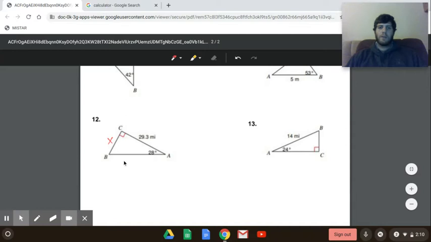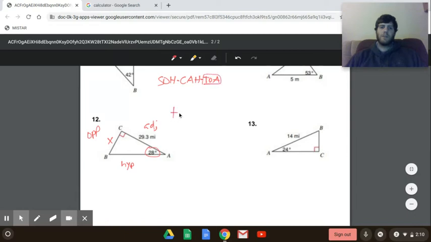To do that, we're going to label our sides. Right across is the hypotenuse. We circle our angle. Across is opposite. Next to is adjacent. So x is opposite, 29.3 is adjacent. If you use SOHCAHTOA, opposite and adjacent is TOA, so that's going to be tangent.